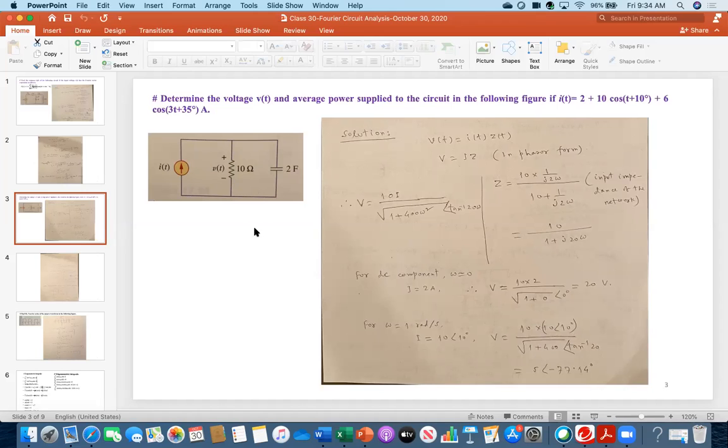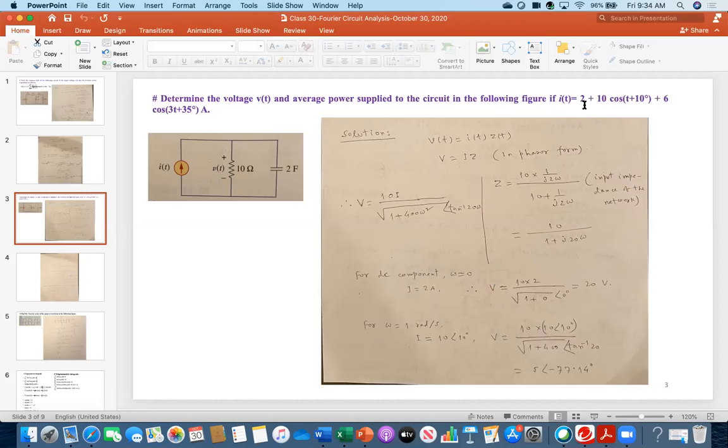Yes. So simply think in that way: IT is 2 plus this, that is your current expression. It is divided into 3 components, so you consider one at a time. First we write a generalized formula of V, and then you just consider 3 cases.